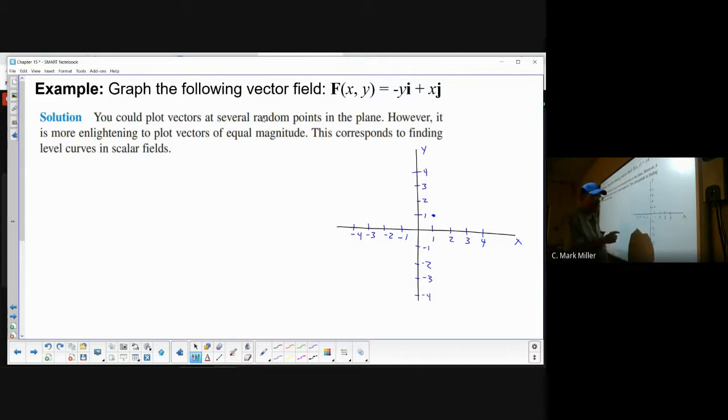Now the i direction is the x direction. So it's going to be minus 1 that way and positive 1 in the y direction. So it's going to be that way and then this way, right? So that gives the net vector to be like that, right?